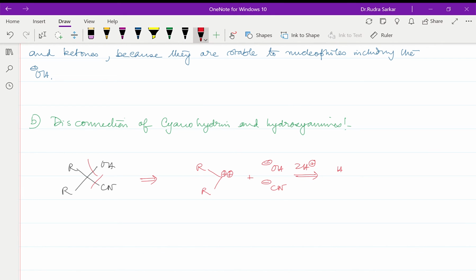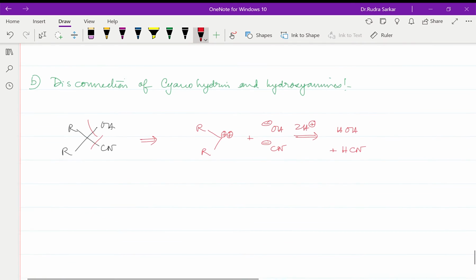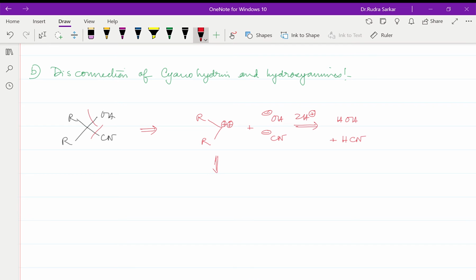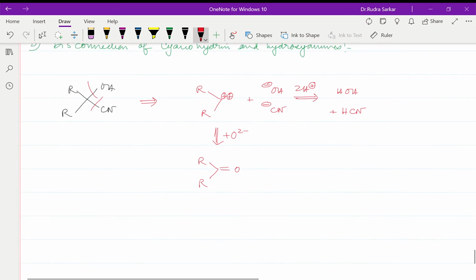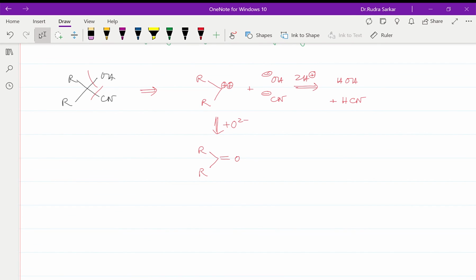So over here we are having water and HCN. To counterbalance the dipositive charge, we will add oxide. So we are getting over here our corresponding ketone.